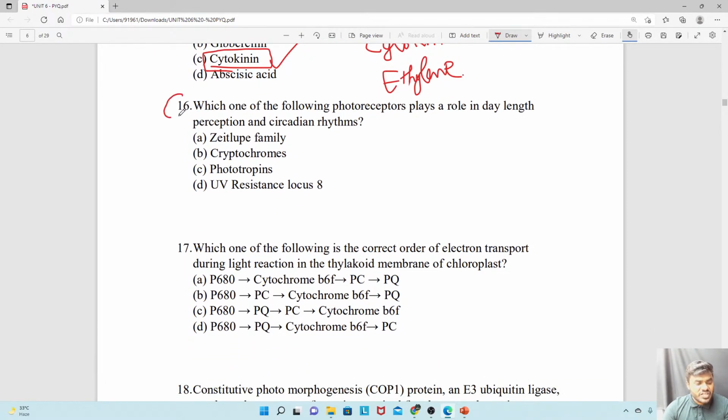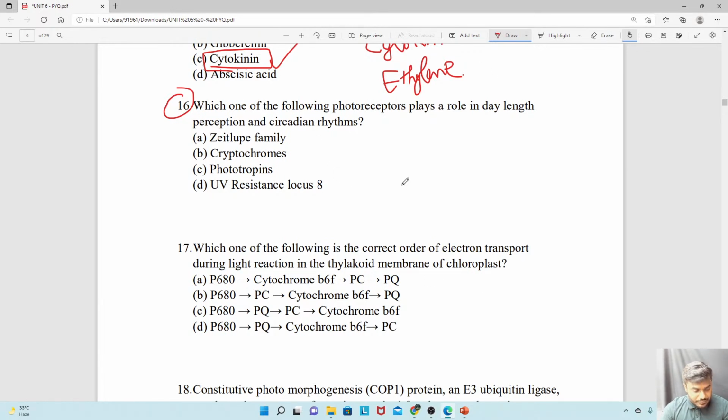Question number 16. Okay friends, I want you to remember this. This G loop, anyway, we will read in the evolution also.